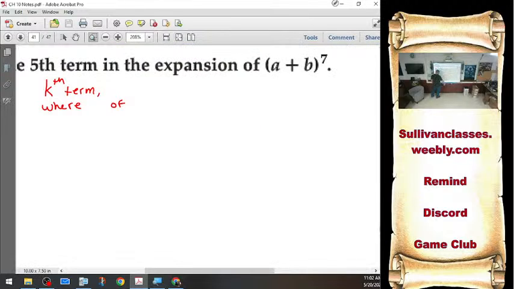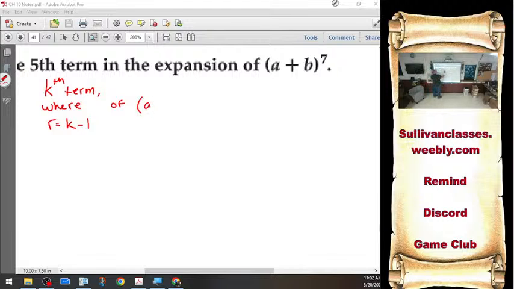Oh, wait. Yeah, we don't need. No, we have 7. Oh, r is k minus 1 instead of k is r minus 1. Okay.